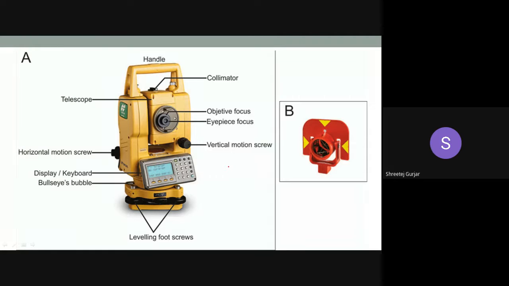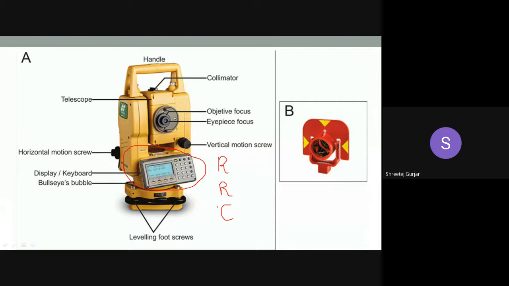Coming to how this total station works, it has a microprocessor chip inside it that handles all the things. It will take care of the recording of the readings, and also the computations or calculations that are to be done.